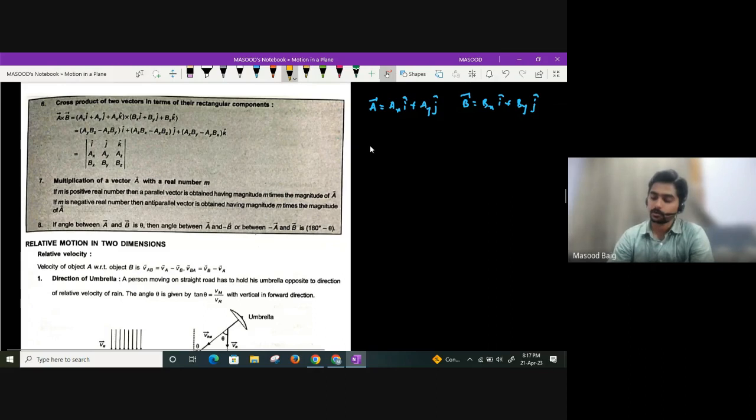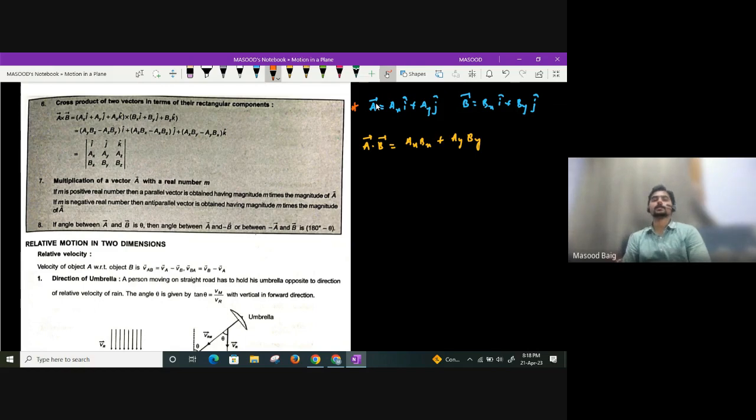Let us say I want to perform the dot product of these two, A bar dot B bar. I'll directly write ax bx plus ay by. Clear, everyone?